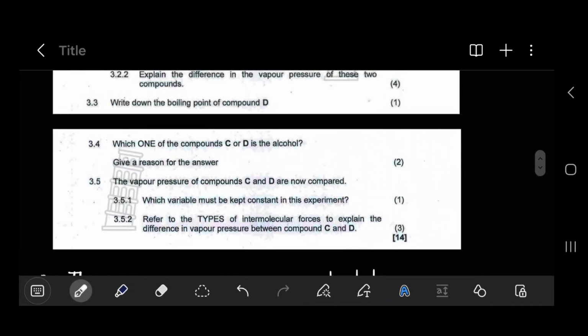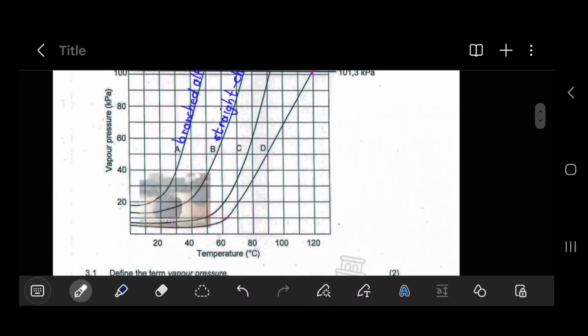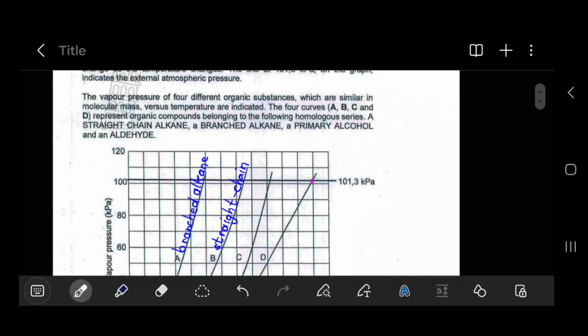3.5 says the vapor pressure of compounds C and D are now compared. Which variable must be kept constant in this experiment? Now here's the thing, right? They belong to different homologous series. So the intermolecular forces are not the same.